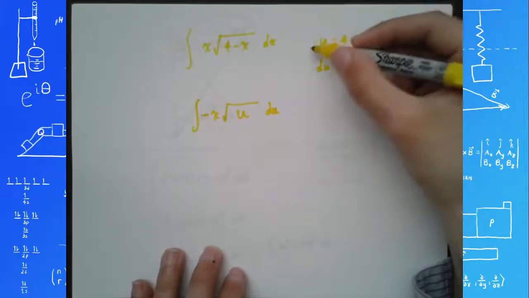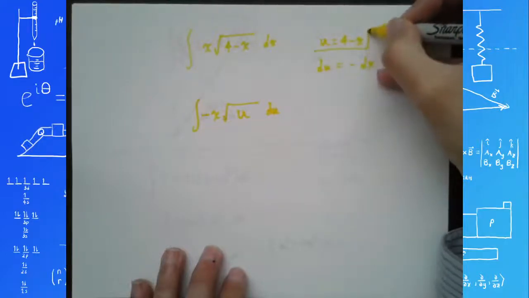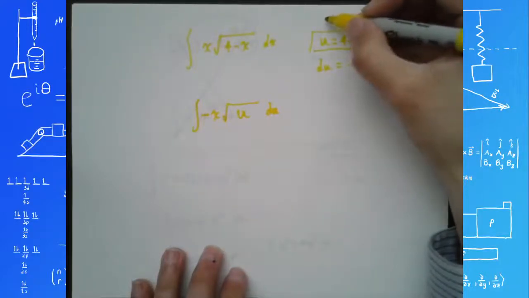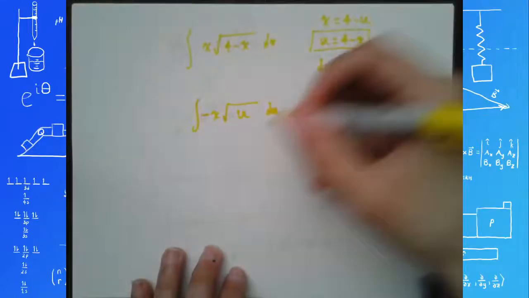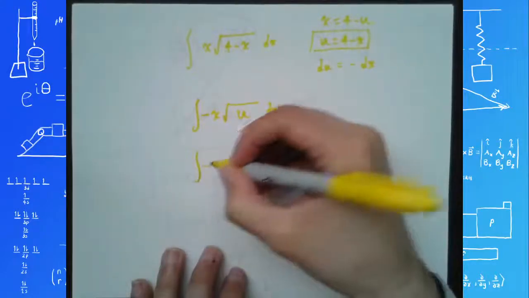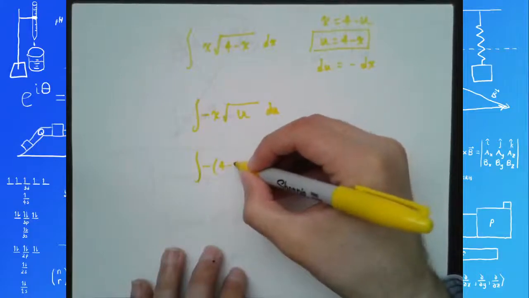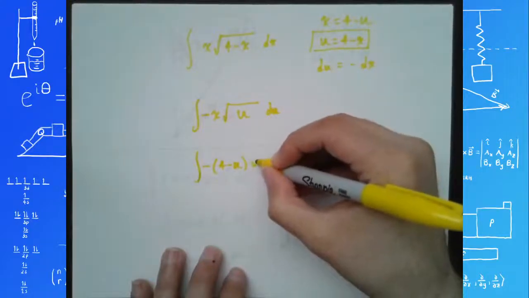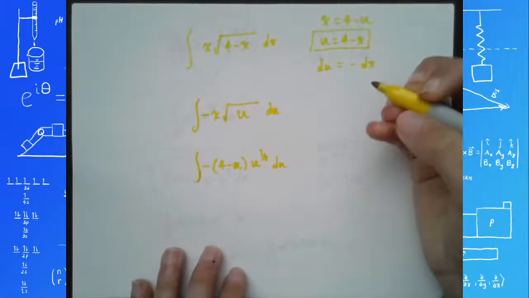So I would add x to the left and subtract u to the right using this. So I would get x equals 4 minus u. So we've got the integral of negative 4 minus u times the square root of u, which I will rewrite as u to the 1/2 du.